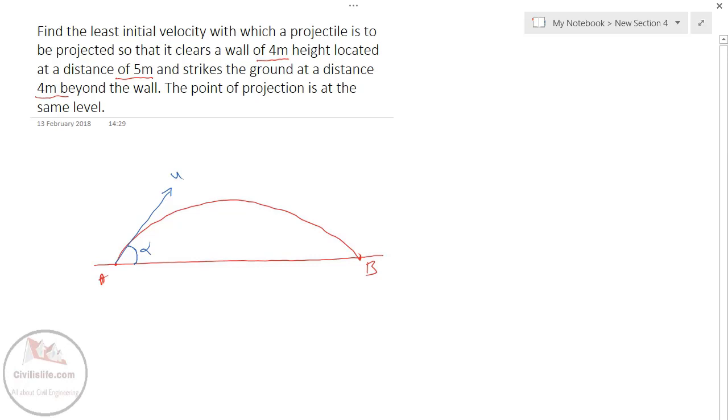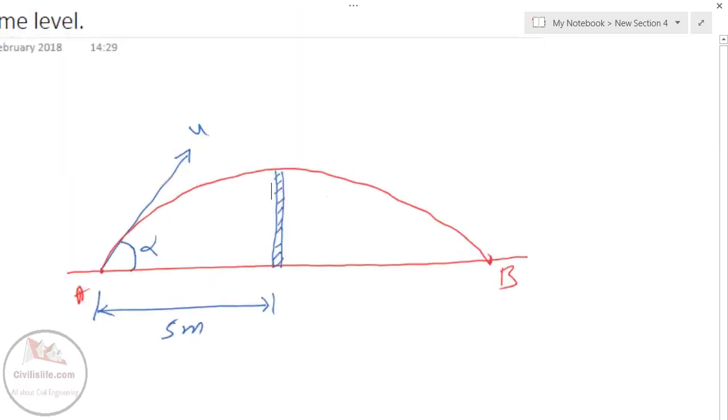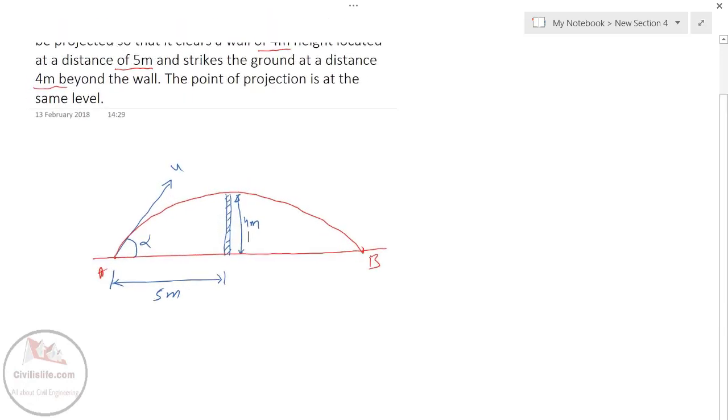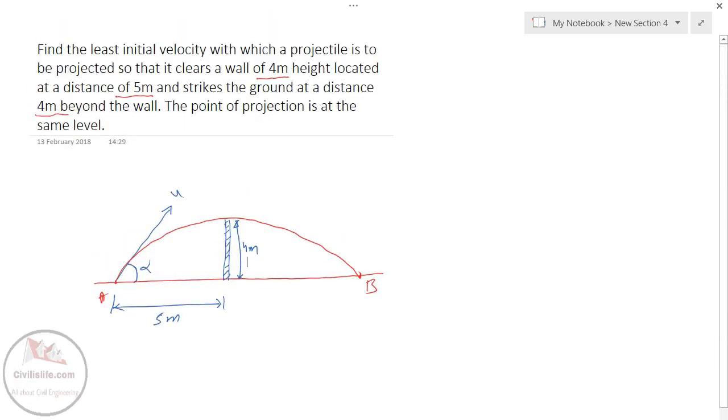So let us consider this as one wall which is located at a distance of 5 meter from point A. A wall is there and its height is given. So that height is 4 meter.